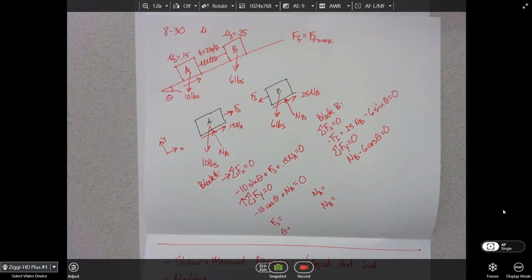And it will have a magnitude of what? N_A times 0.15. Yep, 0.15 at A.